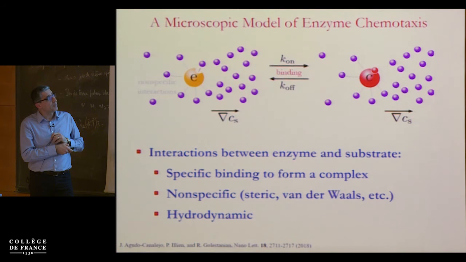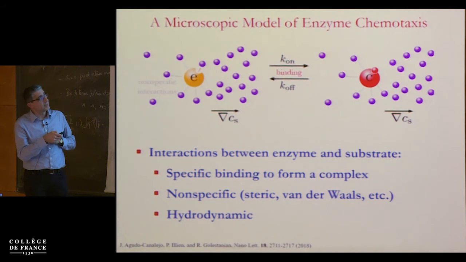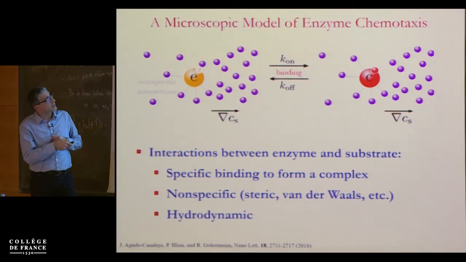Essentially, it's possible to describe the stochastic dynamics of enzymes. All we need to do is worry about the processes that they're involved in. So they form a complex with this molecule.